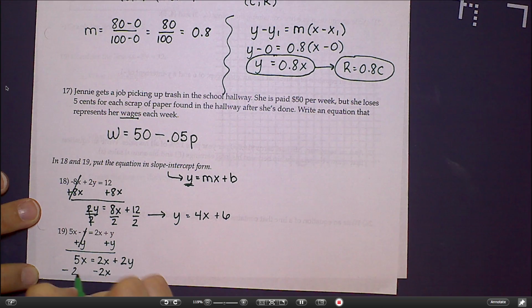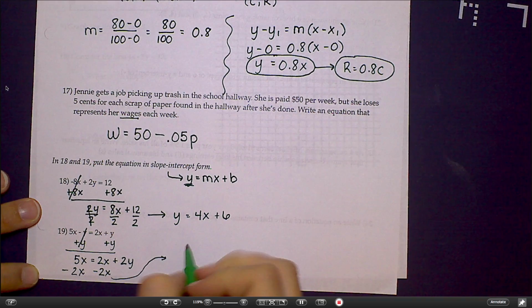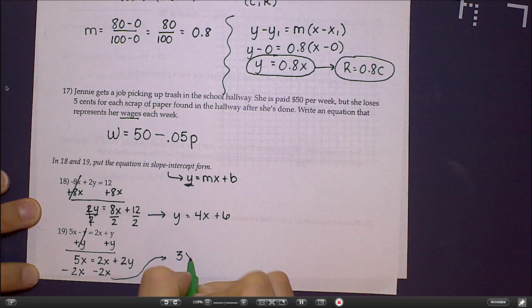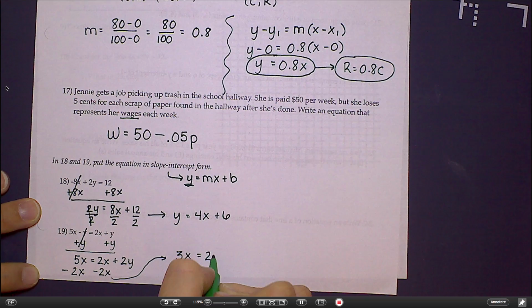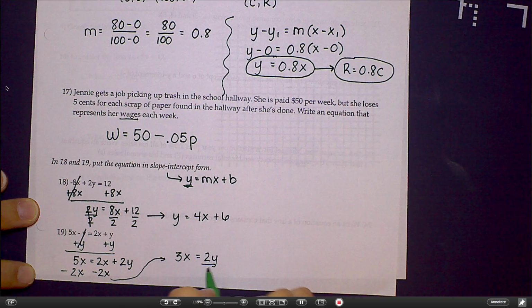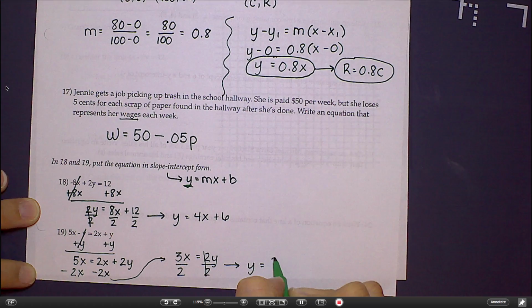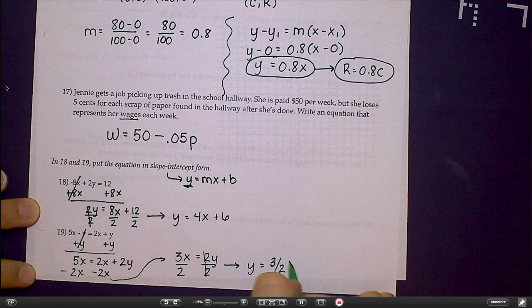Subtract 2x. And I'll move over here. I end up with 3x equals 2y. Now just be careful here about which direction you're going to divide in. We're trying to get y by itself, so that means I want to get rid of the 2. So I'm going to divide by 2. And my final answer would be y equals 3/2 x.